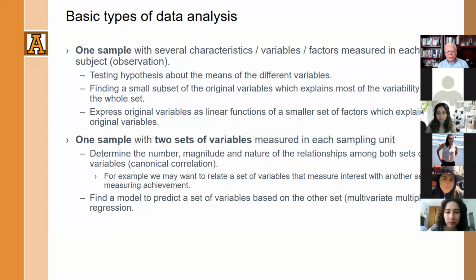When you want to predict one set of variables based on the other set, then you go into the area of multivariate multiple regression, when the response is in fact a vector. There are several responses that we glue together and try to relate to a set of independent variables. That's multivariate multiple regression.